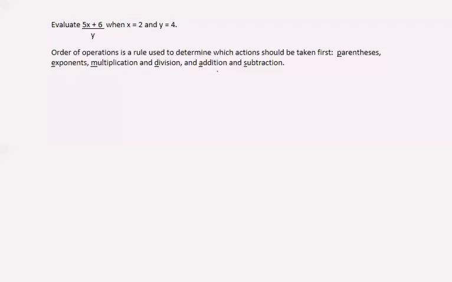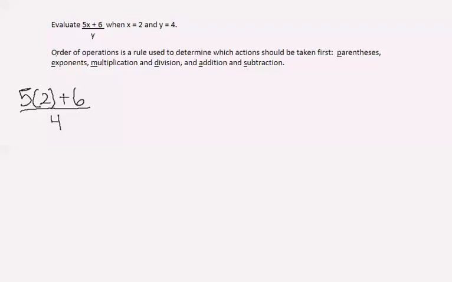So the first way I'm going to approach it is following the order of operations to a T. So I'm going to first substitute the variables for numbers. Alright, so I got 5 times 2 plus 6 divided by 4.